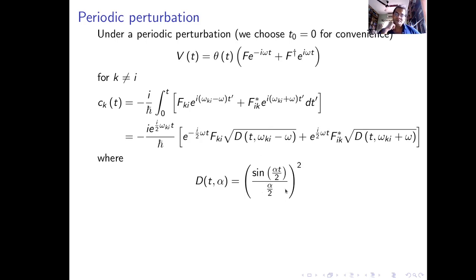Now, although I do agree that this was an error, it's not going to make things very different in the long run, for the simple reason that, as we will soon see, the major contribution to d comes from a region close to omega ki equal to omega, or alpha equals 0, and in this region this function is positive.